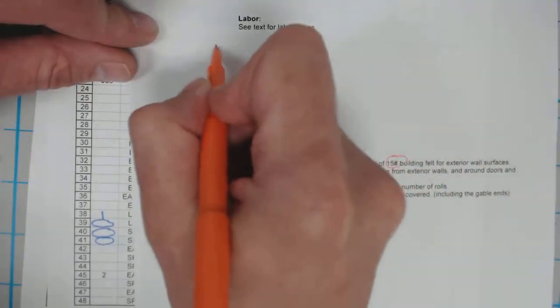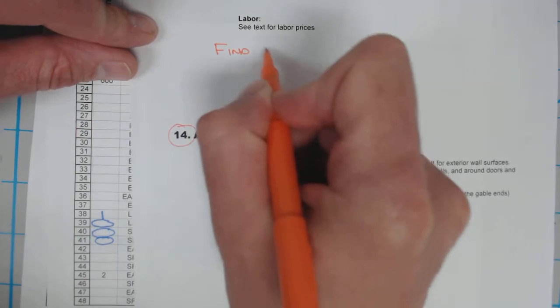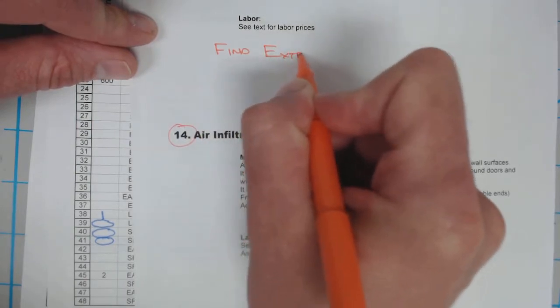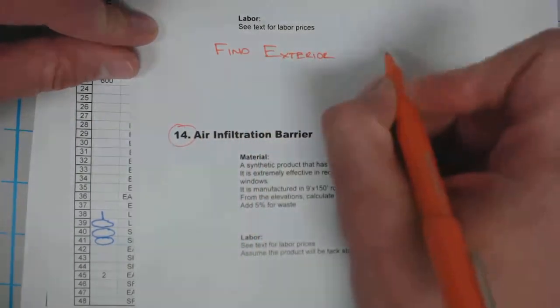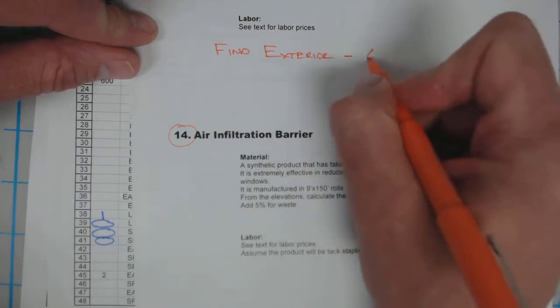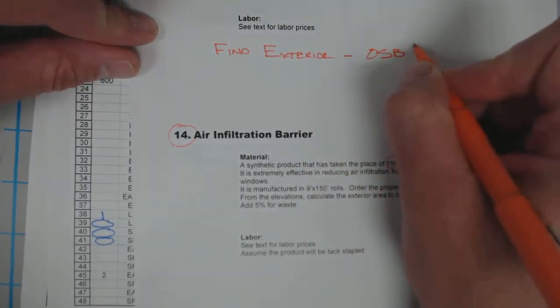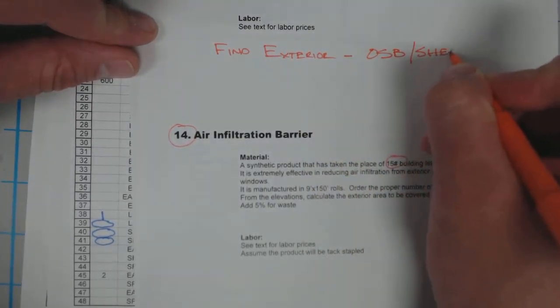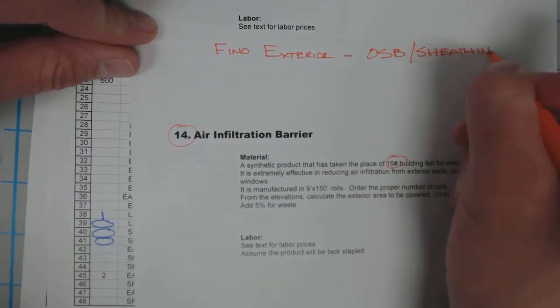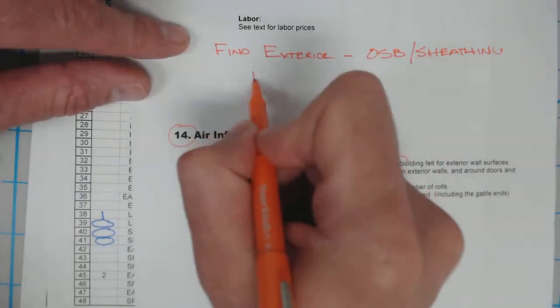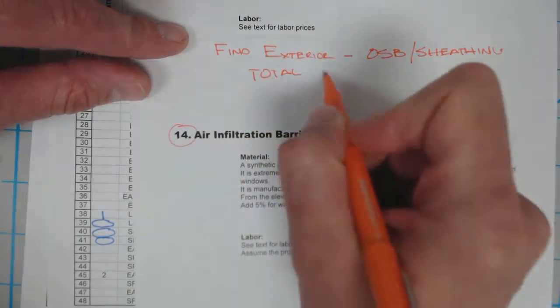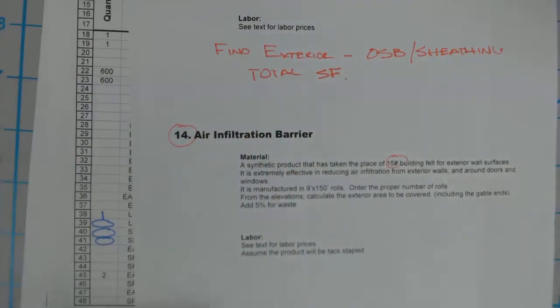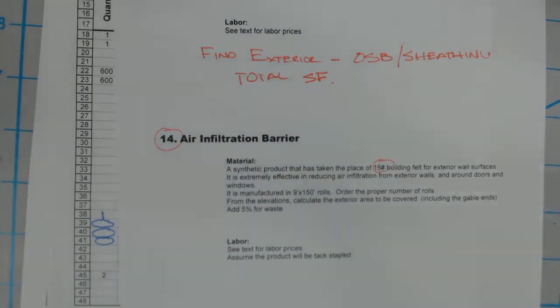We basically want to find the exterior square foot of the building, and that can come from the OSB, the sheathing that we've already identified. So you should have a total square foot number from the previous work that you've done.